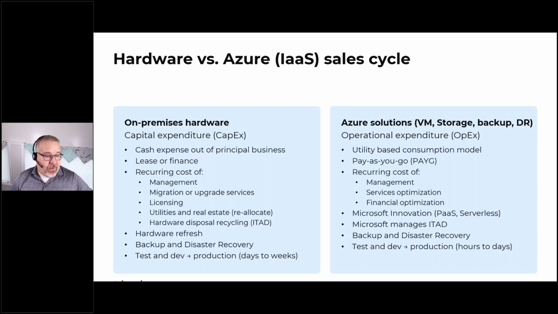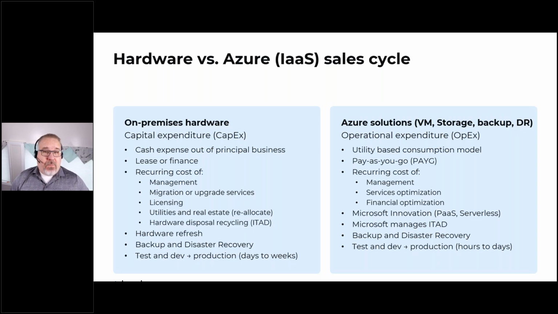So you've got management, migration, upgrade, licensing. There are also soft dollars that a lot of customers don't consider because, well, I own the building anyway. So I've got my server set up in a server closet or part of my office. And it is costing them money.